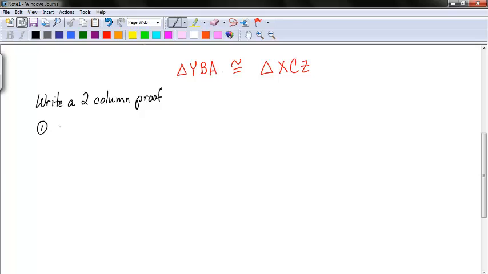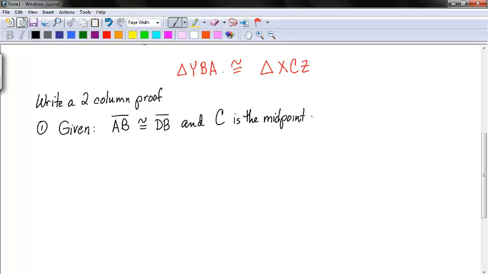So on this one, you're given segment AB, and if it's a segment, remember it's got that line above it, segment AB is congruent to DB, and C is the midpoint of segment AD.